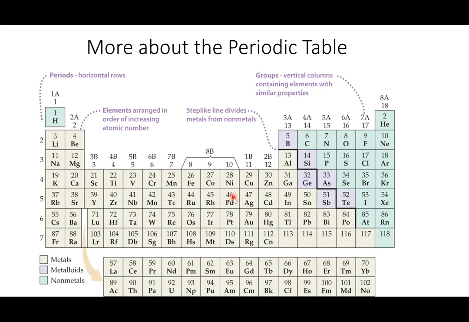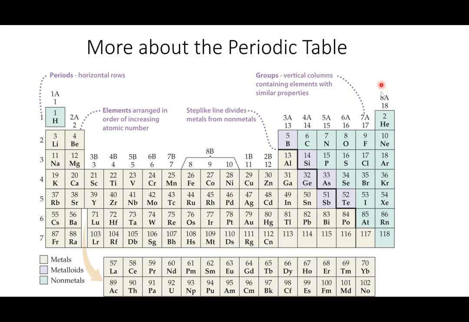Protons are positively charged particles, electrons are negatively charged particles. So if I have 1 proton and 1 electron, that's electrically neutral.